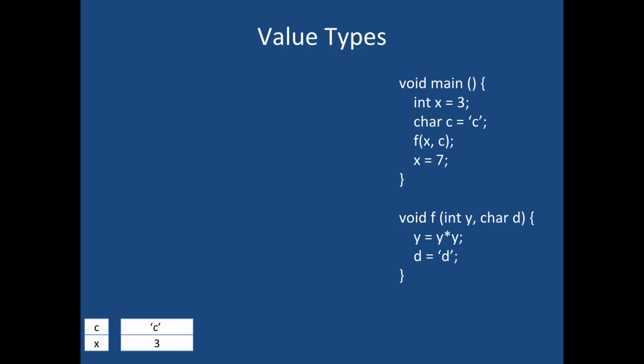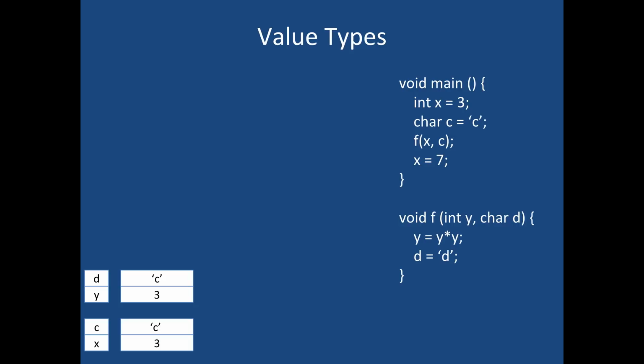Then we call f, and you know that when you call a method, you get a stack frame allocated for it, and f has 2 parameters and no locals, so we get d and y up here. And these are value types, and so when they're passed as parameters, they're just copied. So the 3 is copied up to y, the character c is copied up to d.